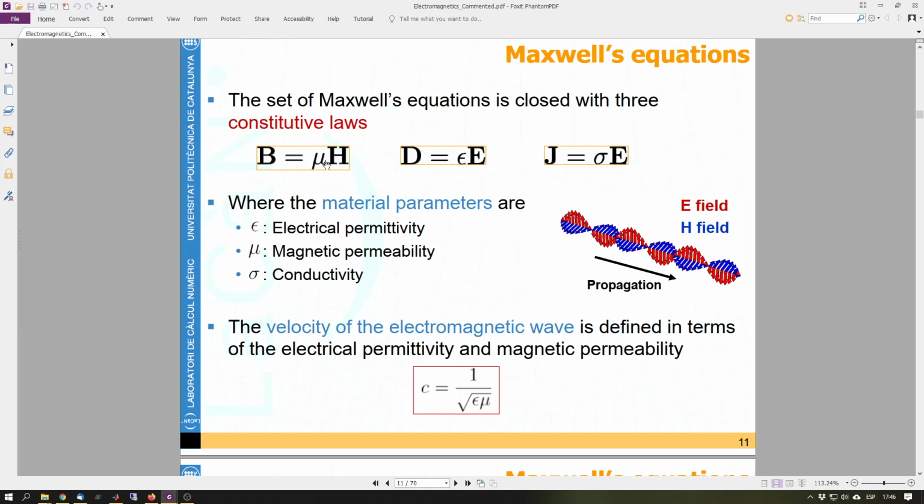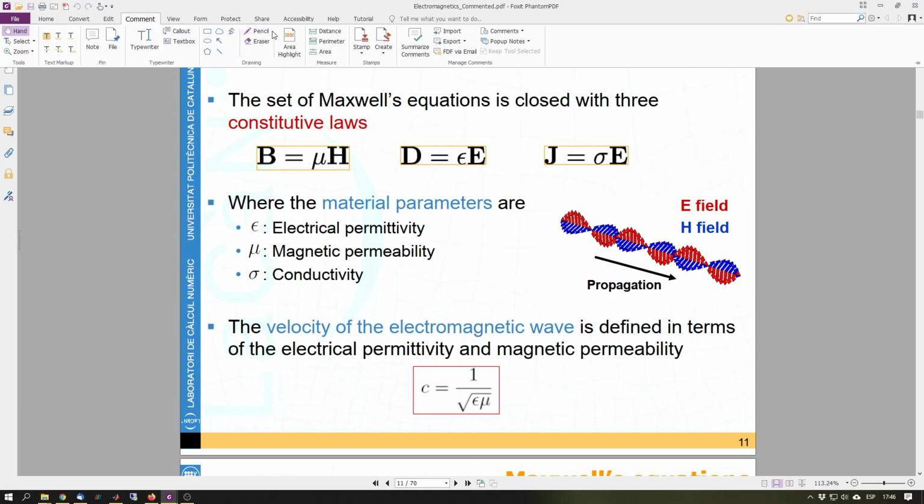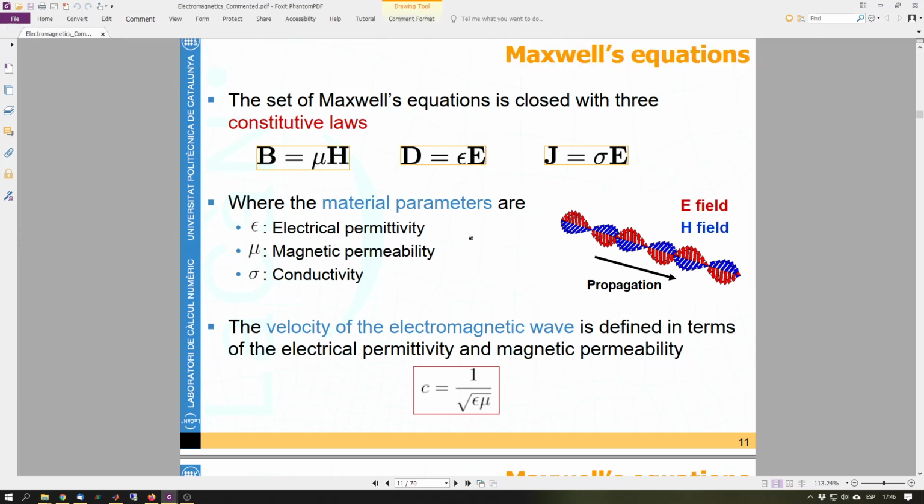One is proportional by this constant, which in empty space we will denote epsilon 0 and mu 0. And the two of them are coupled.